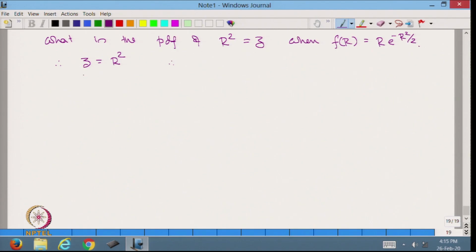Therefore, if we call it x and if we call it y, then we need to compute dx dy from the theorem on single variable.